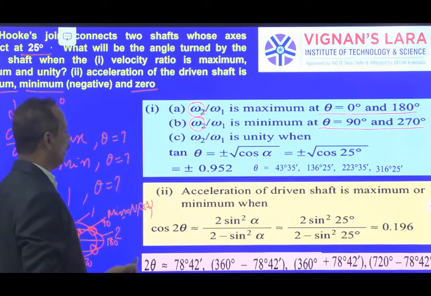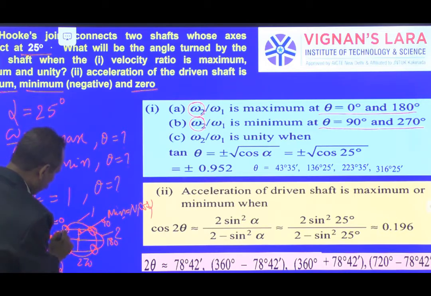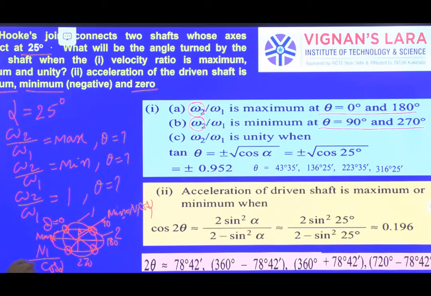And finally, these points I have to find out, that is, ω2 by ω1 is unity. That means the driven shaft and driver shaft are rotating with the same speed. So this is the point, this is another point, this is another point.